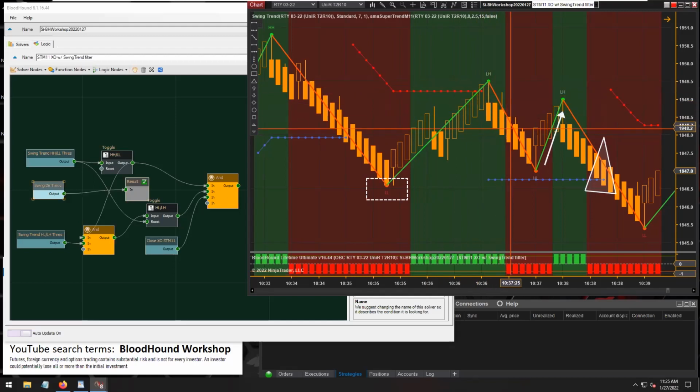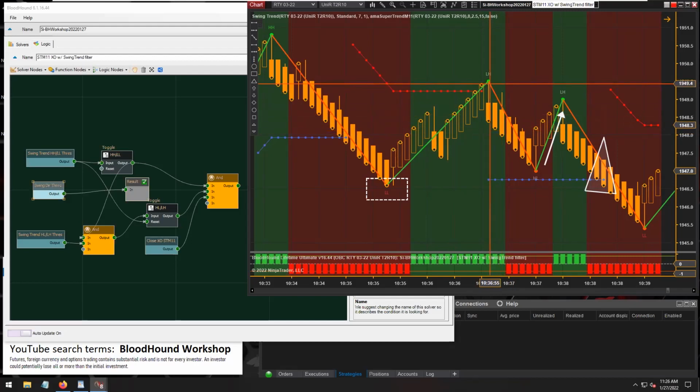And this downswing also took 3 bars here. It just so happens that on this particular renko chart, it takes about 3 bars for the swing direction to reverse. And then that locks in the previous swing point.